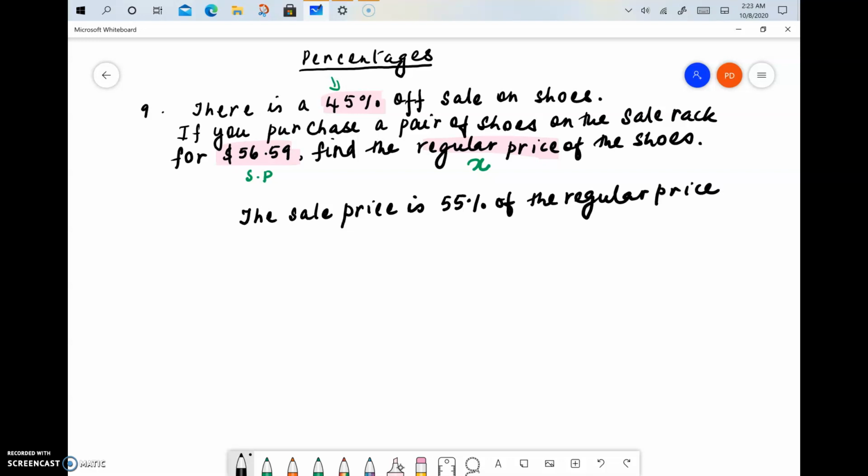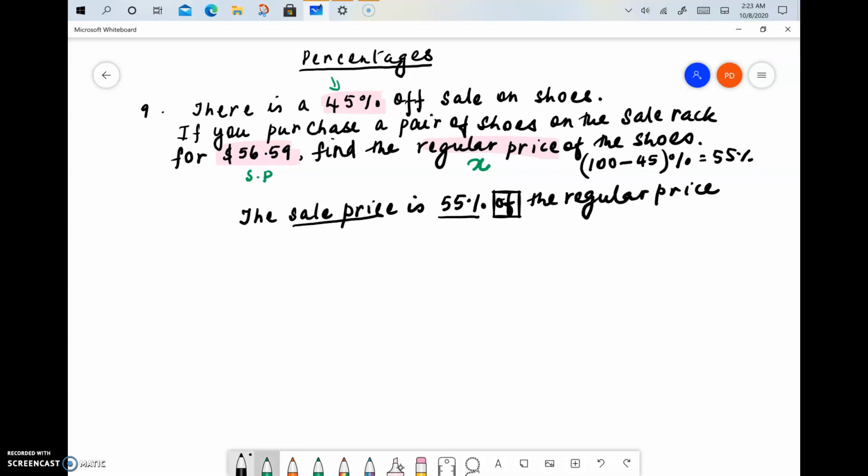So where does this 55% come from? The shoes cost 100%. There is a sale which takes 45% off. So 100 minus 45 is 55%. So the sale price is 55% off the regular price.